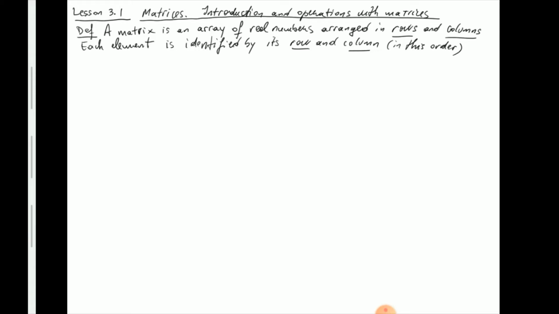And then let's give a little, like I said, little motivation why matrices appear naturally in many applications. So suppose, for example, you have two individuals that want to track their nutrient intake.